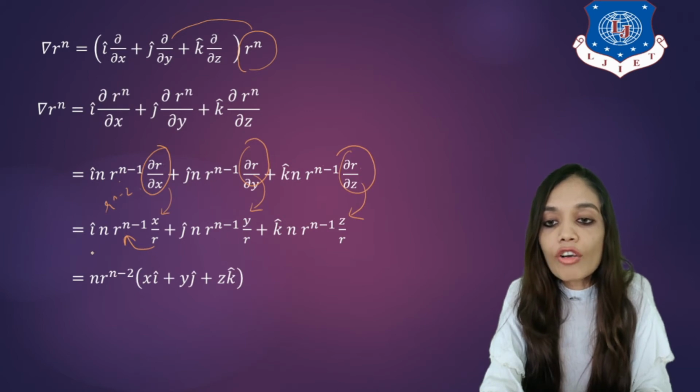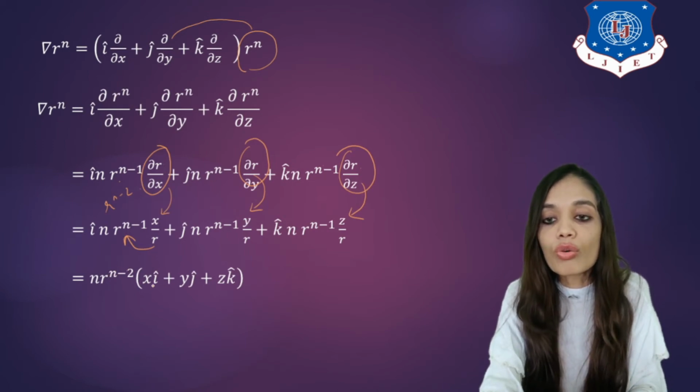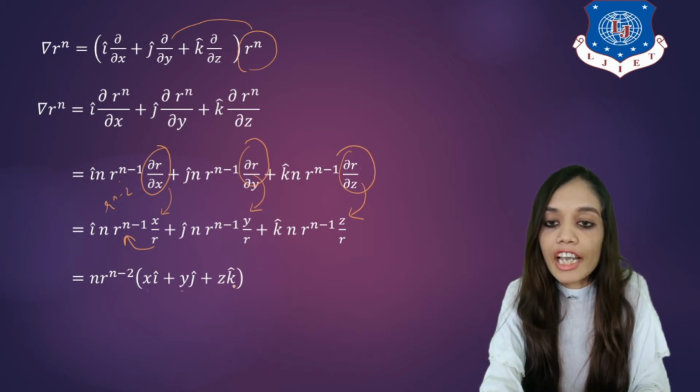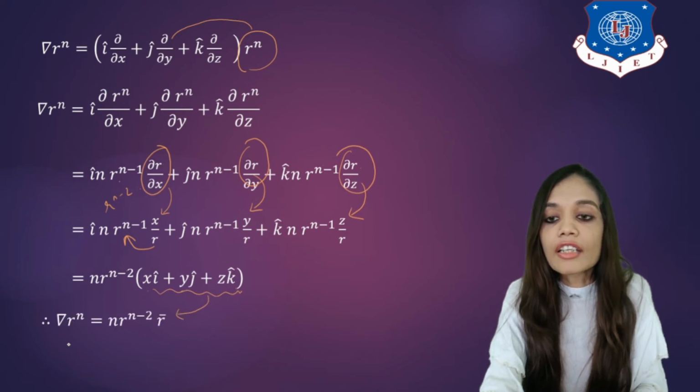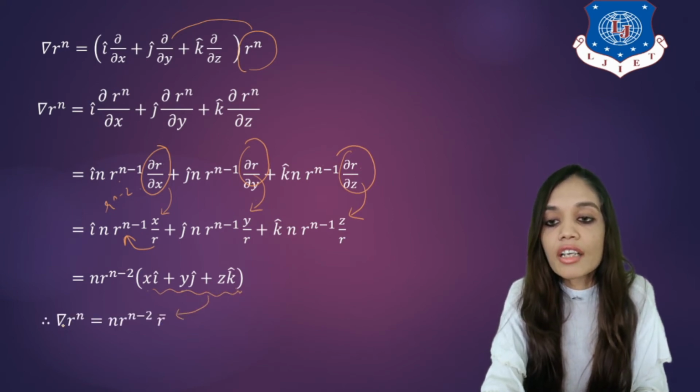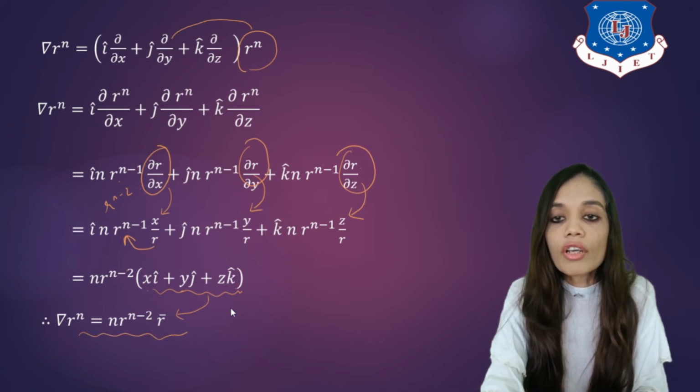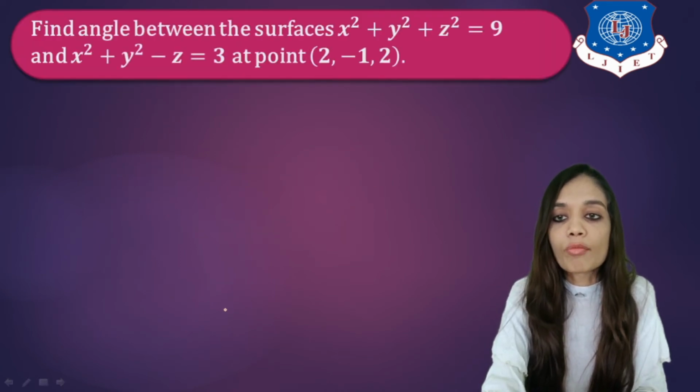So taking out common you will get n r raised to n minus 2 into x i cap plus y j cap plus z k cap. But we are given this is equal to r bar. So finally you have got your desired answer as del r raised to n is equal to n into r raised to n minus 2 into r bar. Now let's solve one more example.